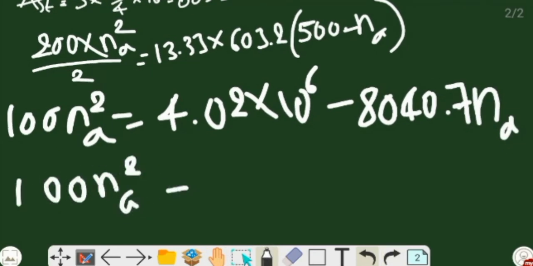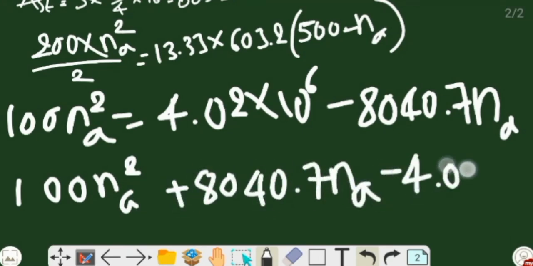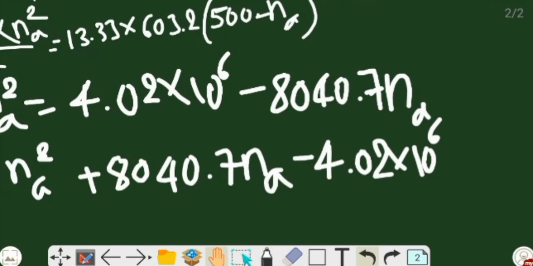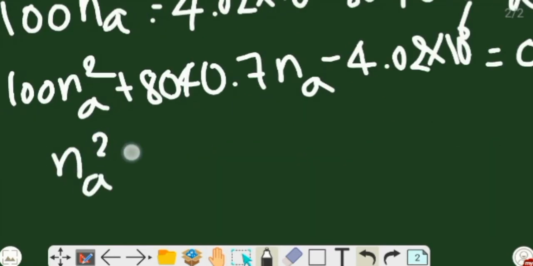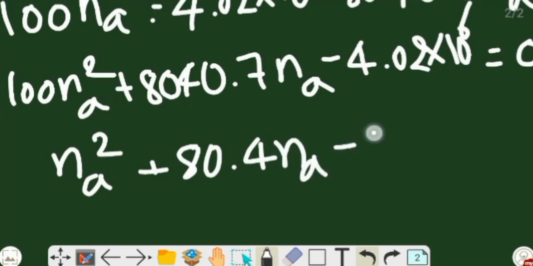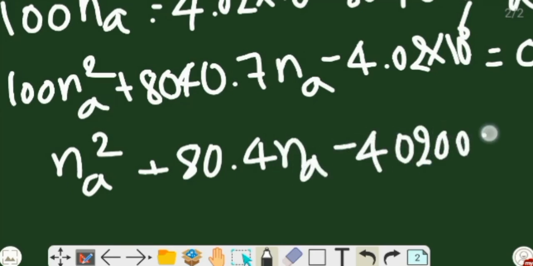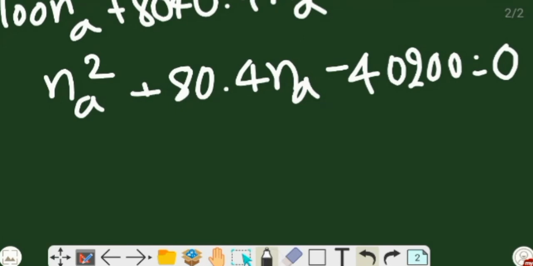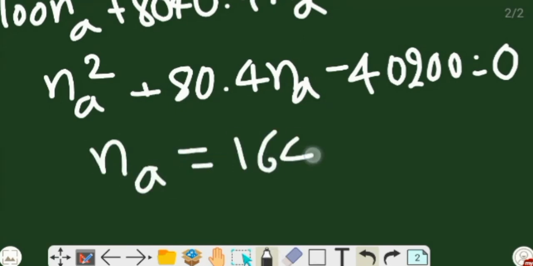Take all terms to the left side and solve. We get the quadratic equation form. By solving this equation, we get the na value, that is 164.3 mm.